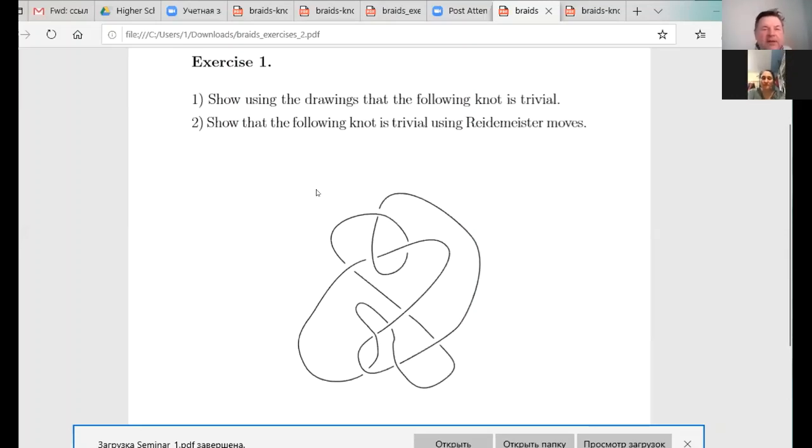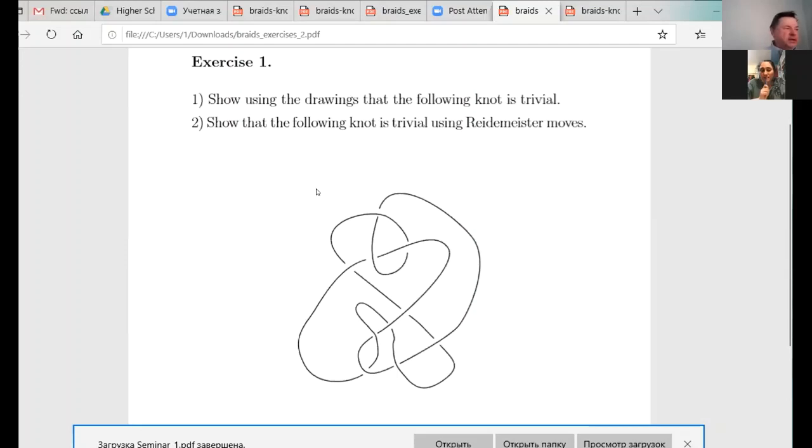Then it is an exercise for children, a game for when you are in quarantine.